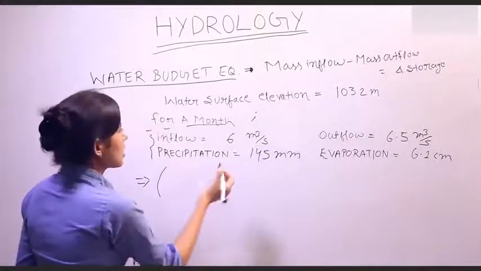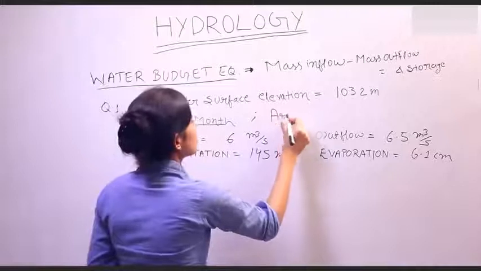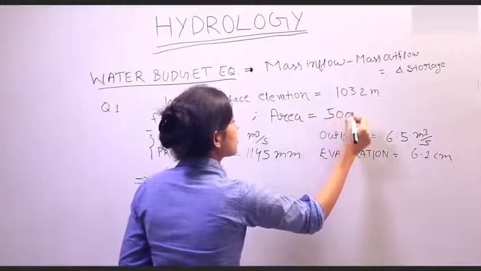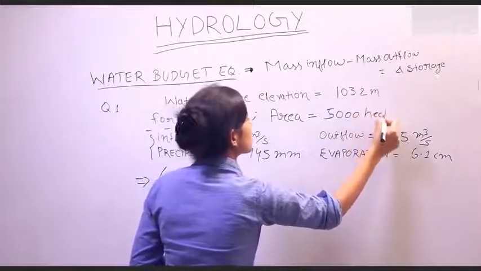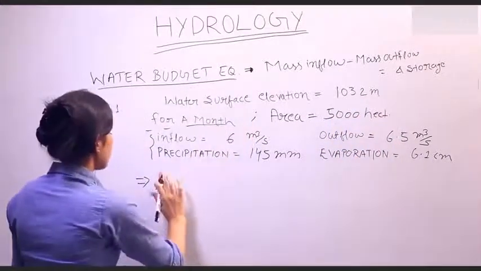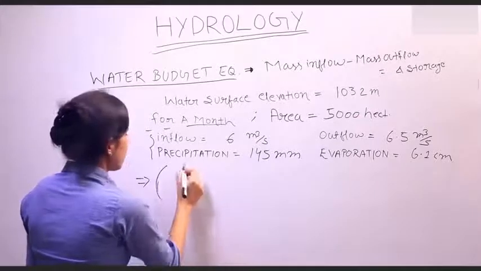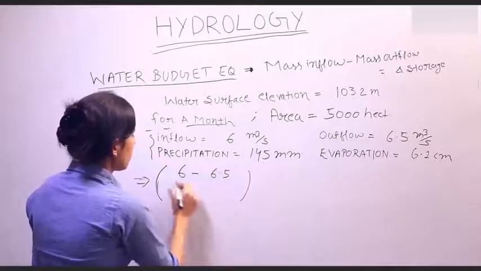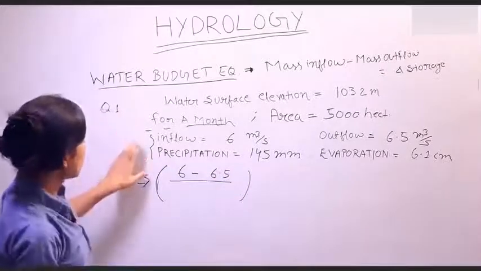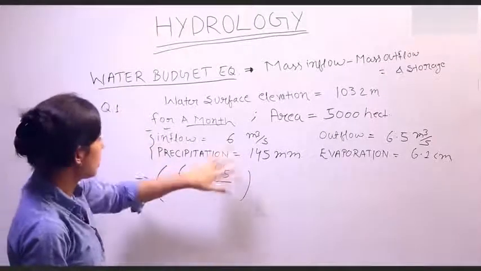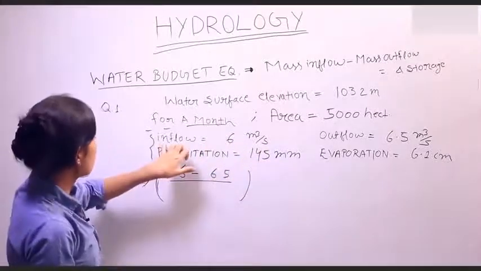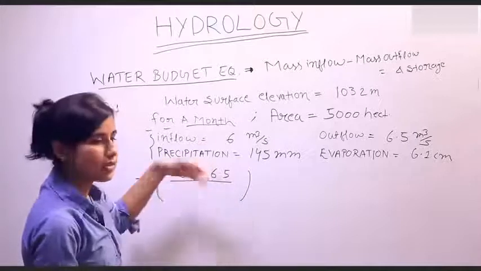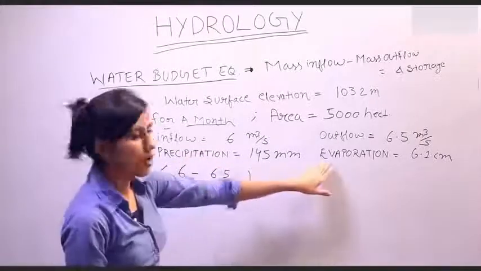So let's say area of this lake is 5000 hectares. Inflow is in meter cube per second, so 6 minus 6.5. For ease, we will separate inflow and outflow, that is mass inflow minus mass outflow, and precipitation and evaporation, that is another part of inflow and outflow.